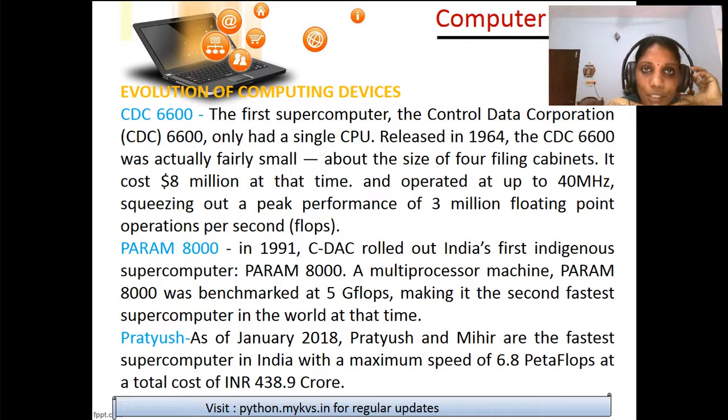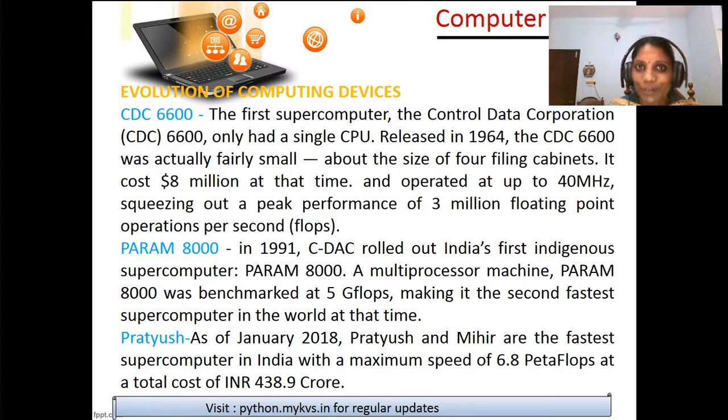For example, if anybody wants to know the difference between how it works in a supercomputer, a desktop computer, or a multitasking computer, feel free to ask during our Google Meet. But as per the syllabus, we can restrict it to this much only.